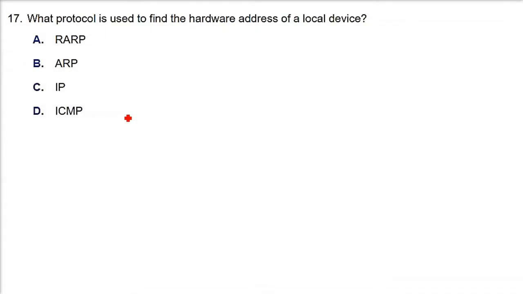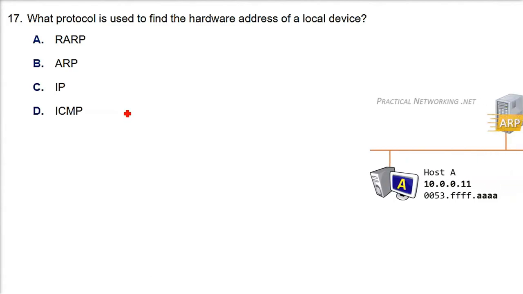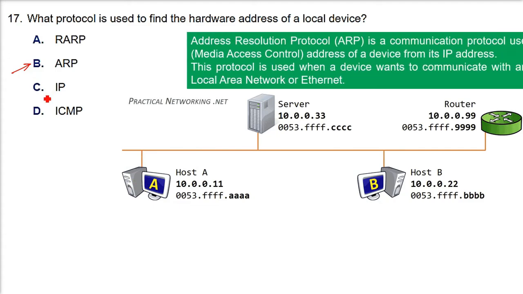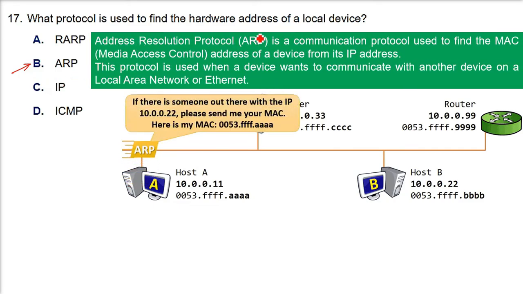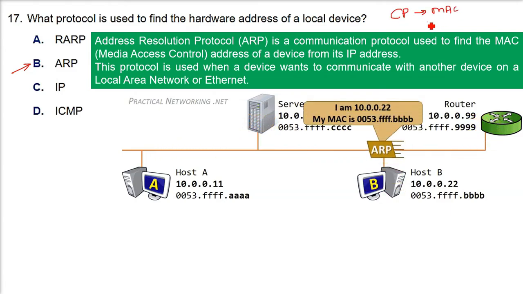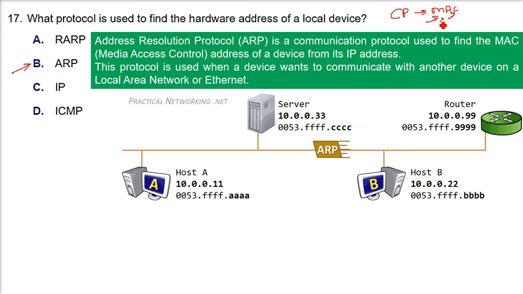What protocol is used to find the hardware address of a local device? Hardware address, that is, you need to know the MAC address. That is the Address Resolution Protocol. ARP is the answer. This is a communication protocol used to find the MAC, media access control address of a device from its IP address.